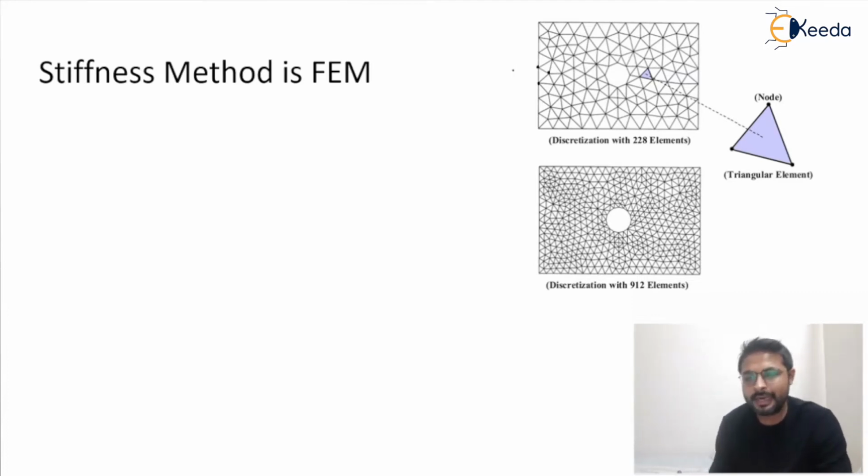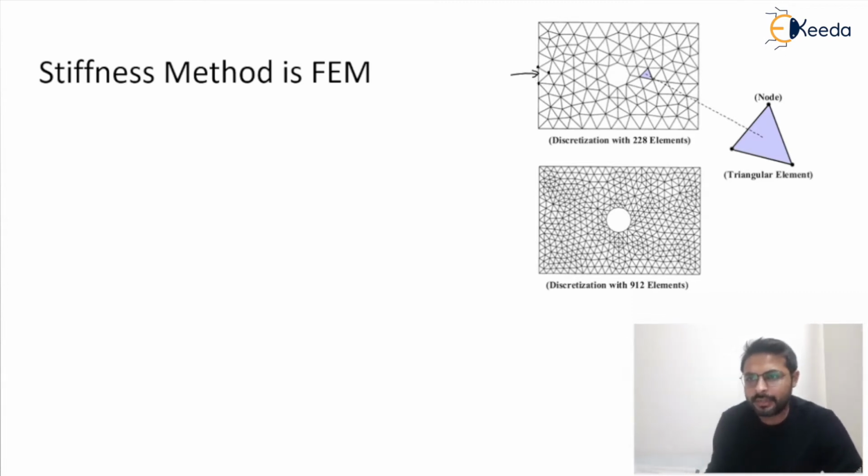The elements are different for different kinds of problems. Like in the first case, if we are considering a structural problem, then we are applying some force here, and if we know the material property of this element, then we can determine how these nodes are going to vary, or what are the changes in this node. So we can predict the behavior of the element if we know the material property.